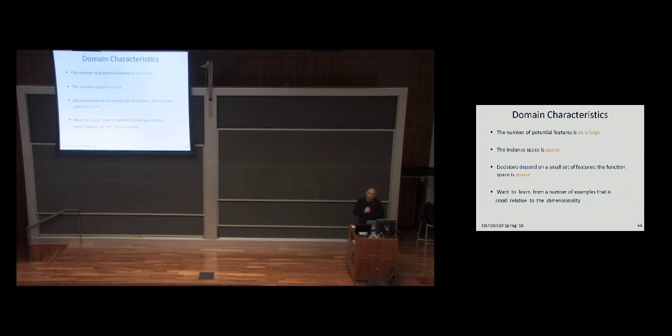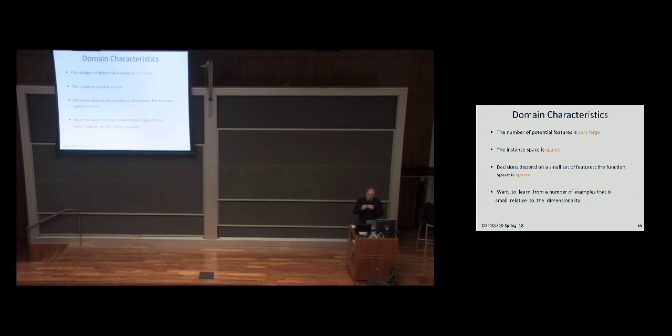It will depend on a relatively small number of features. Whether there is door there probably doesn't matter. But maybe a few other words in the neighborhood do matter. And that's what I mean by the function space is sparse.